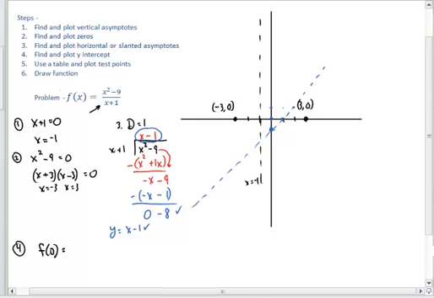When we plug in 0 in this function, we get 0 squared minus 9 over 0 plus 1, which is just going to be -9. So when x equals 0, we're going to have a point down here at -9. Let me just make sure. 1, 2, 3, 4, 5, 6, 7, 8, 9. That will be our point 0, comma -9.